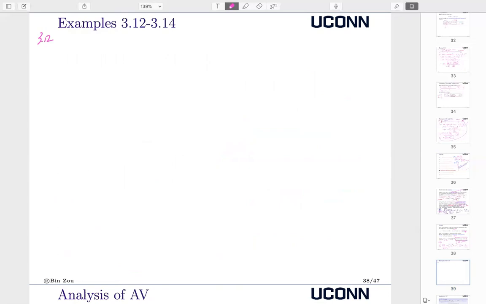3.12, so that's page 81 if you have the textbook. Calculate the present value at time 0, so A is 0, of a continuously payment stream made at the constant rate of $25 per year from time 0 to time 10.